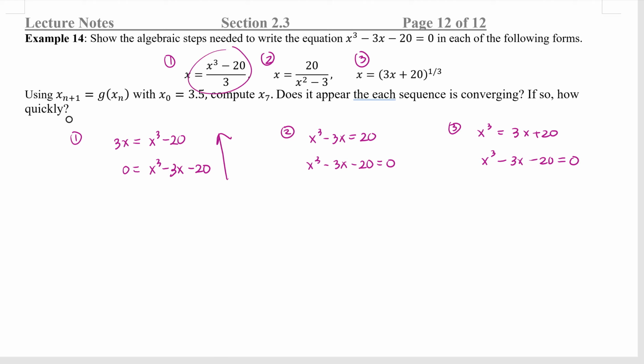Then we can get to this iterative scheme. Now use x(n+1) = g(xn) with x0 = 3.5. Compute x7. Does it appear that each sequence is converging? If so, how quickly?